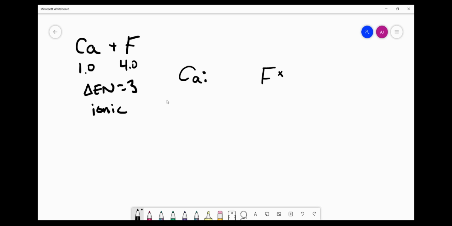Fluorine, group 17, a halogen, 7 valence electrons. And remember how we draw these, that we put them in pairs on the 4 sides in a certain order. Ionic bonding is going to be a transfer of electrons from the less electronegative element to the more electronegative element. We'll represent that with an arrow passing an electron from calcium to fluorine.